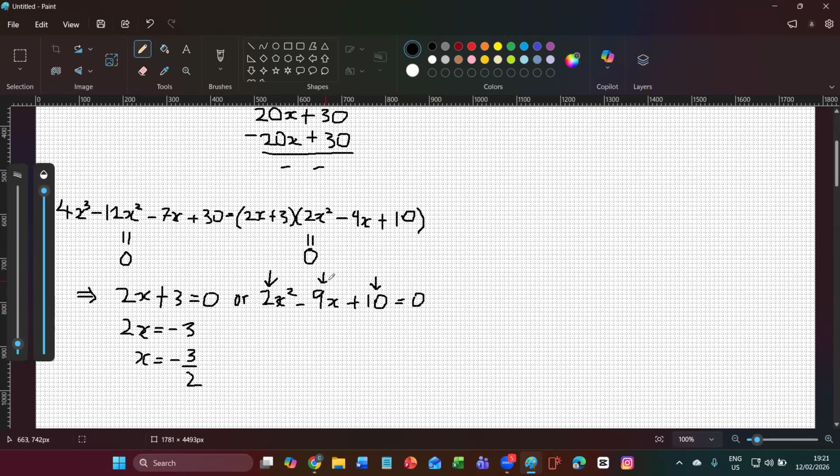Do you remember? But we cannot do that with this one. You know why? Because of this 2 that is in front of x squared. This coefficient is 2.